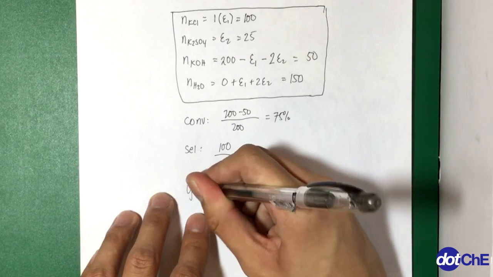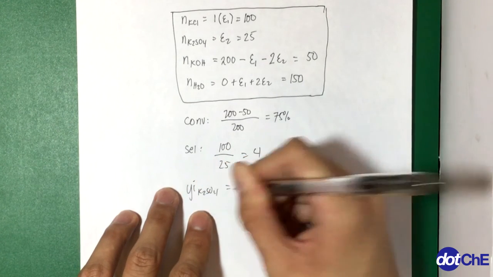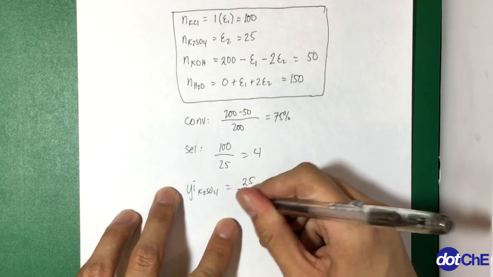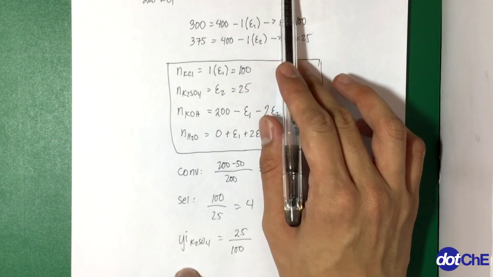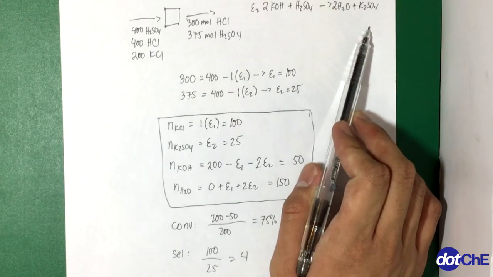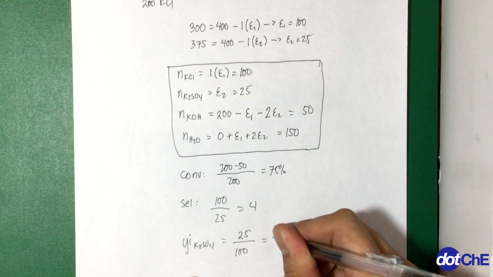Then we have the yield of K2SO4, which is equal to 25 divided by 100, because if all KOH is used to produce K2SO4, it will produce 100 moles of K2SO4, theoretically. So that's 25%.